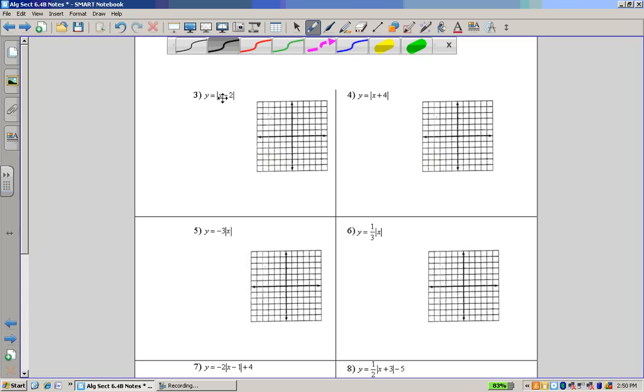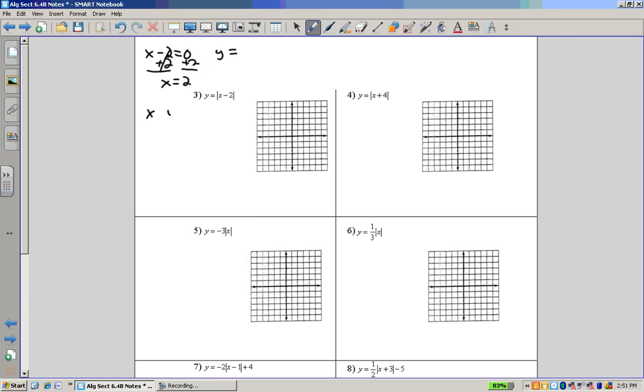Let's set what's inside the absolute value equal to 0. Add 2 to both sides. X equals 2. Now we're going to plug in to the equation and find out this is half of my vertex.